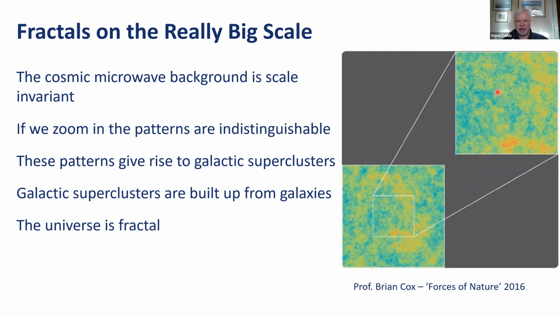Now, what's important here is that when you zoom in on these patterns, the patterns repeat. So from the big pattern, we get these galactic superclusters. And as we zoom in on those, we get galaxies. The universe is fractal all the way down. It repeats itself. And this is very useful for reservoir modeling.